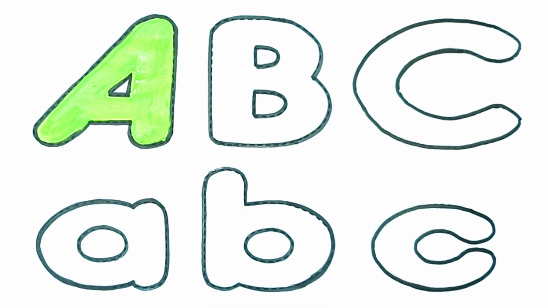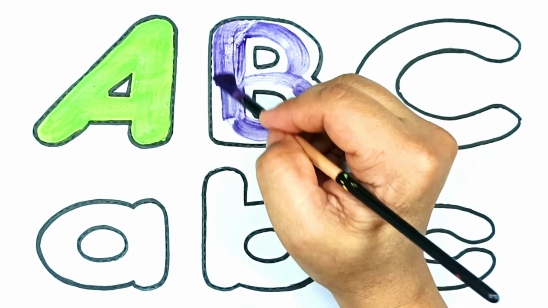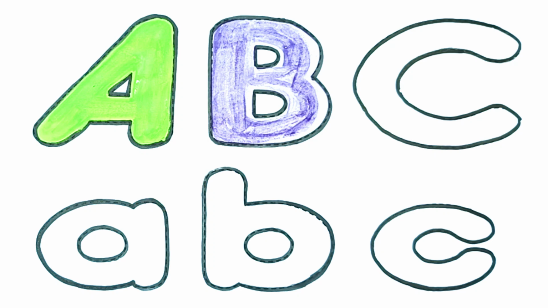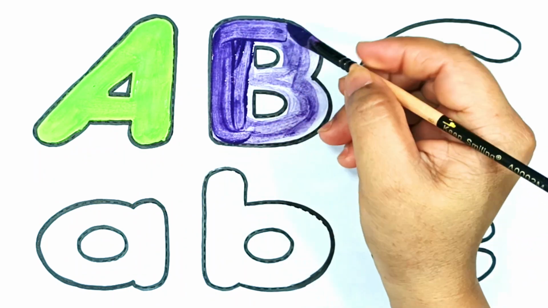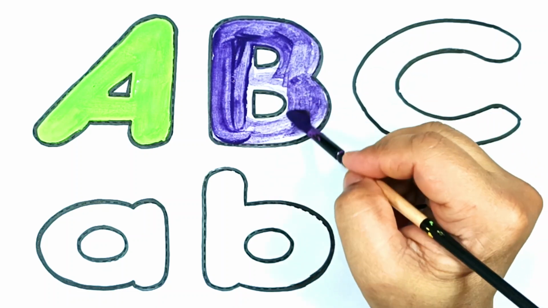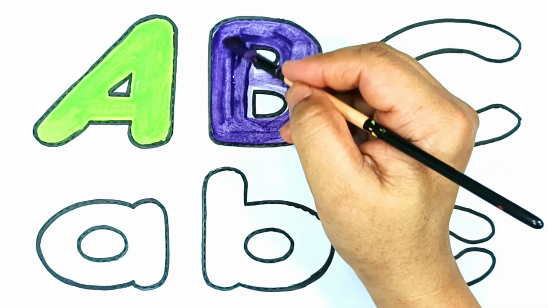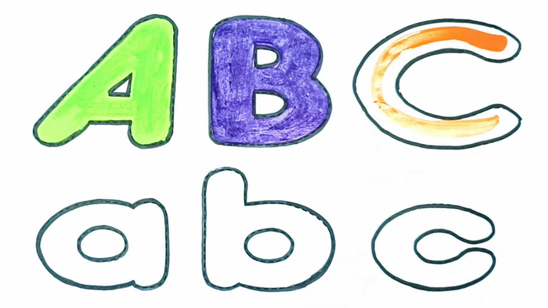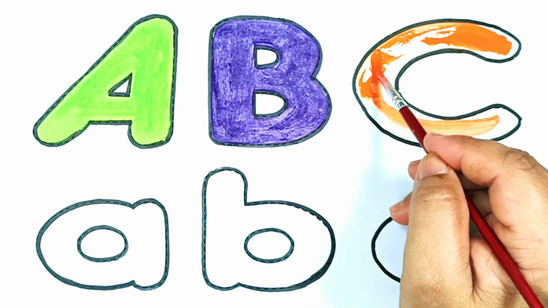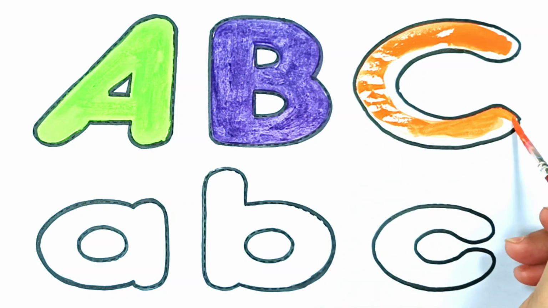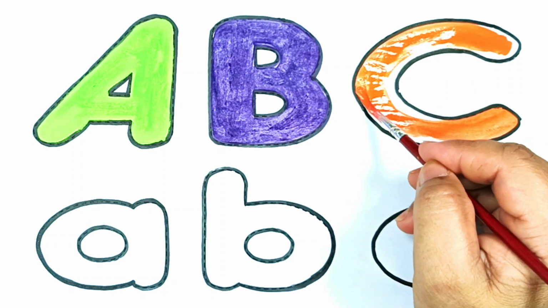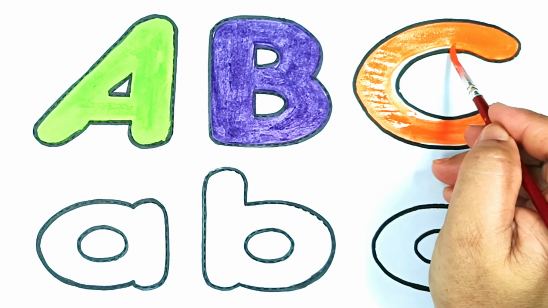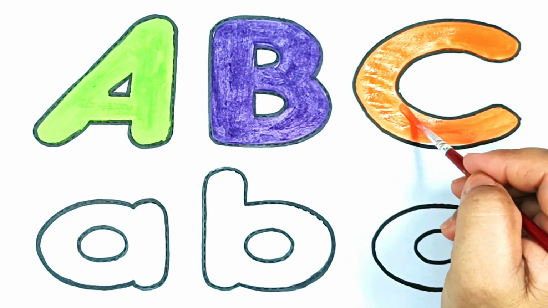A is for apple. B is for ball. C is for carrot.